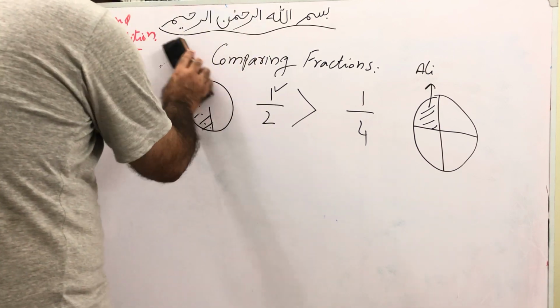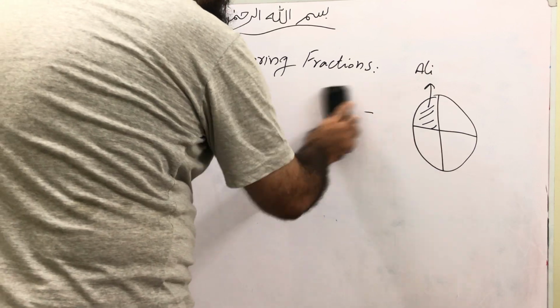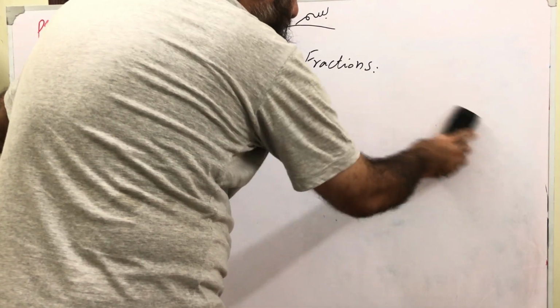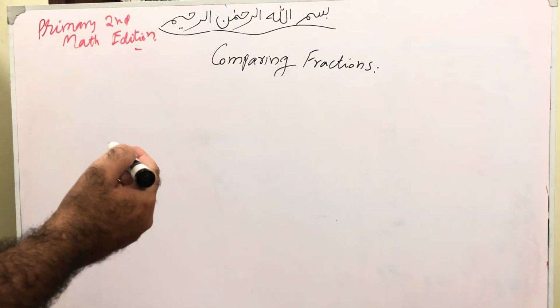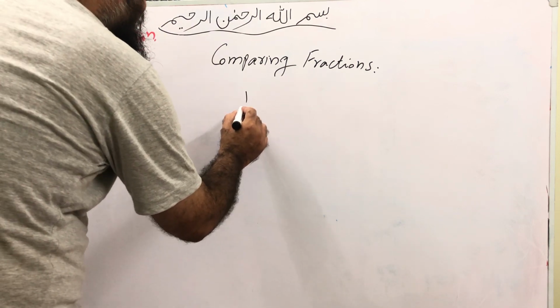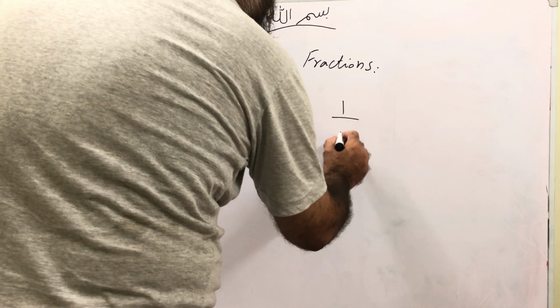We will do some other examples of comparing fractions where our denominators are not the same. There is 1 over 2 and 1 over 12. We need to compare between 1 over 2 and 1 over 12.